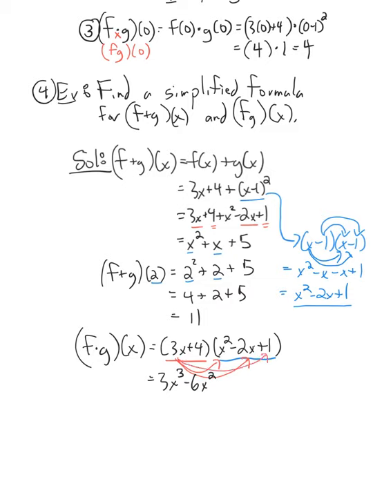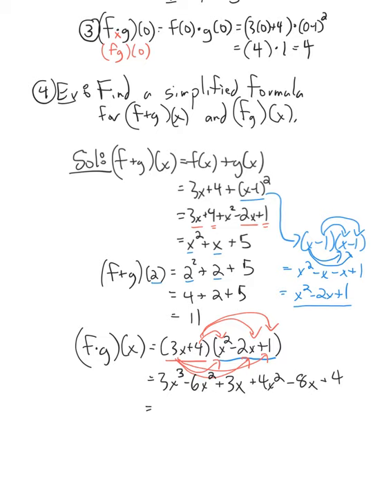Well, that's easy. That is just 3x. And then we'll do the other way. 4 times x squared is 4x squared. 4 times minus 2x is minus 8x. And 4 times 1 is, of course, 4.